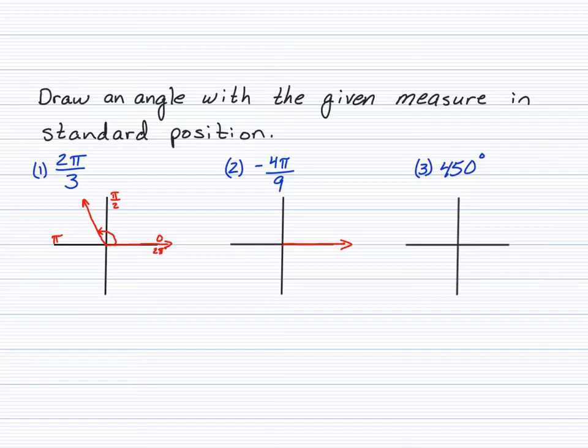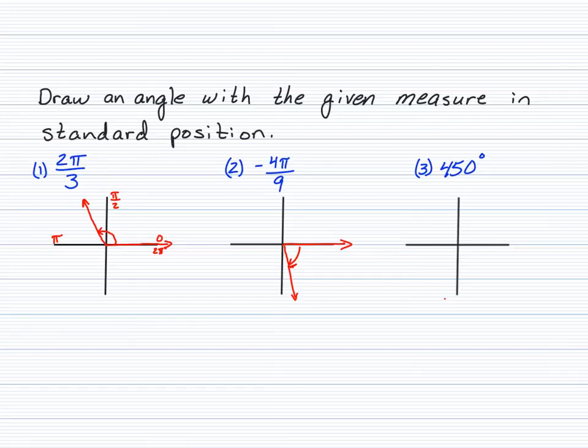If we go from here, which again is 0, and rotate around to here, that would be negative pi. Rotating from here to here would be negative pi over 2. Well, 4/9 is less than a half, because 4.5 over 9 would be a half. So 4/9 is going to be just a little bit less than a half, and so we're looking at that angle being about right here. Again, the negative just tells you which direction to rotate.